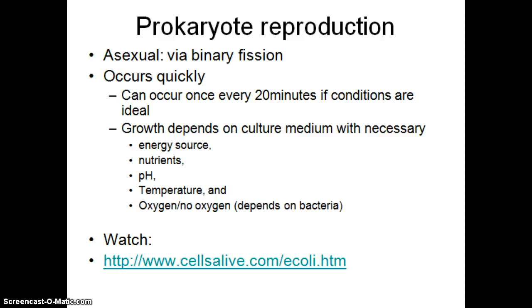How they grow, again, depends on their energy source, if they have all of the nutrients that they need to grow, if they're at the right pH, and the temperature of our bodies is pretty much prime for most bacteria, and so they really like our body temperature. Some require oxygen or no oxygen, meaning an aerobic environment or an anaerobic environment.